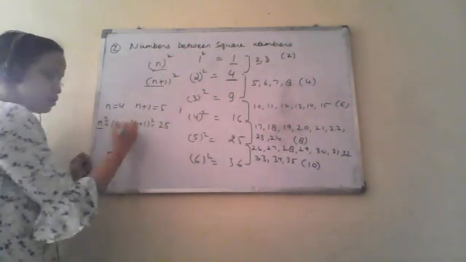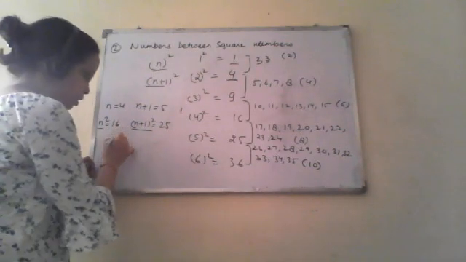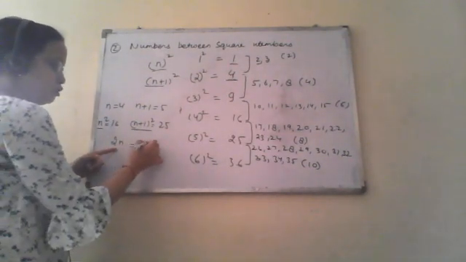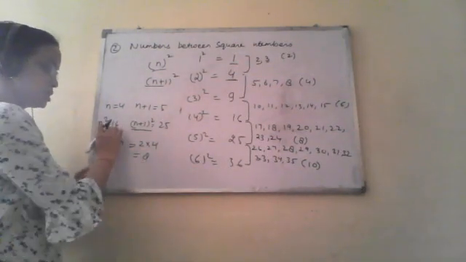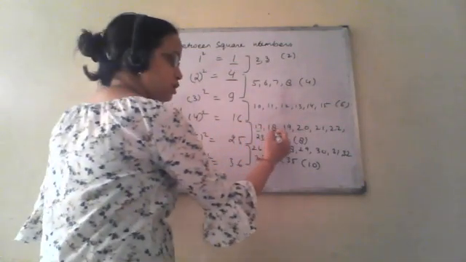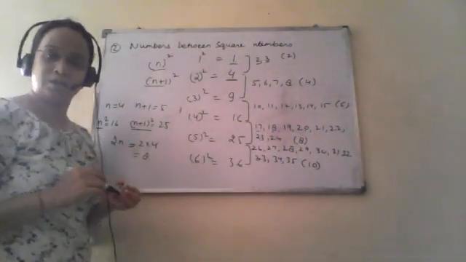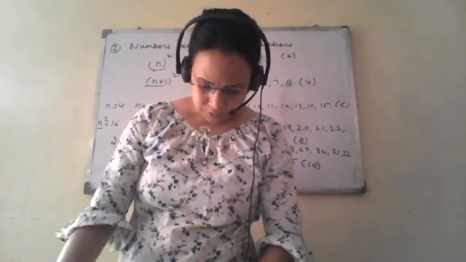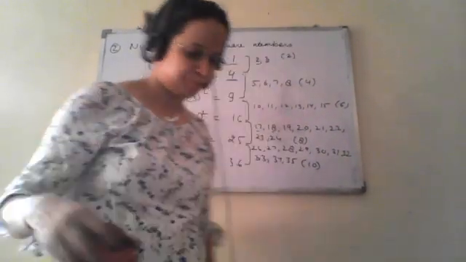So between n squared and (n plus 1) squared, there are 2n non-square numbers, that is 2 into 4. That is, there are 8 non-square numbers between 16 and 25. Now see, 1, 2, 3, 4, 5, 6, 7, 8. So this is the thing I want to explain. I hope this is clear. You can check for other numbers also.